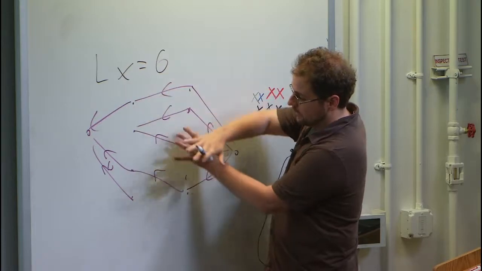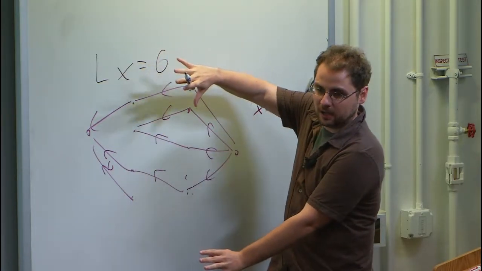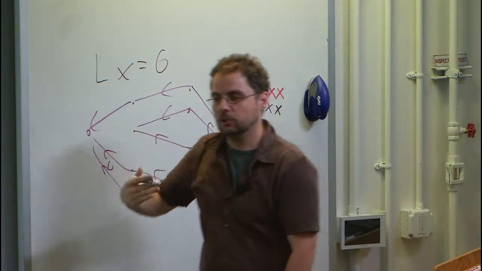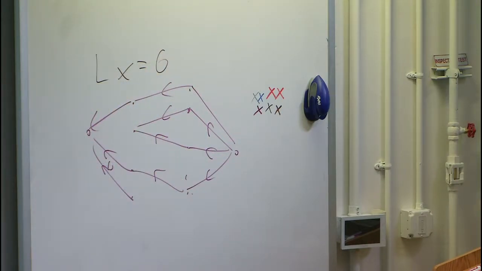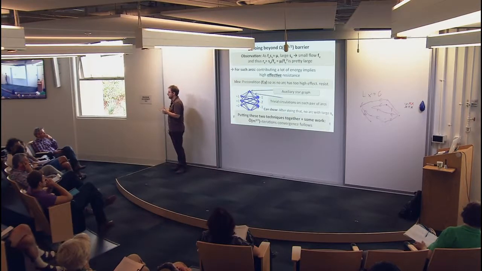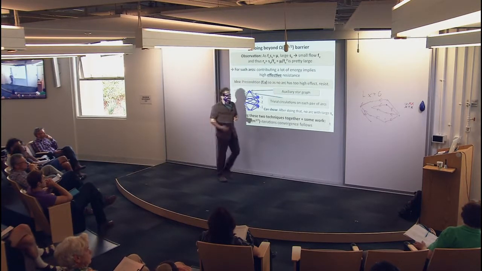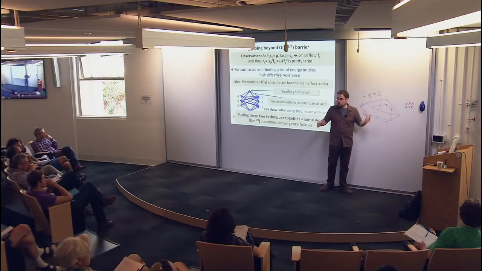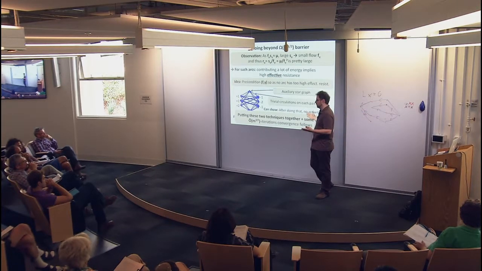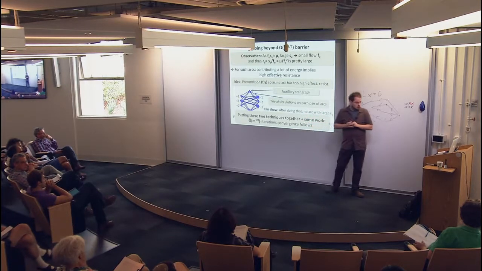What you really want is that it's spread out among many arcs, among many different paths, because that's how you make non-trivial progress in one step. Okay. So essentially, the problem is that of course the electrical flow doesn't know that, and it can just keep some arcs more desirable, and then exactly you have the stretching operation that increases the resistance to discourage the electrical flow from doing that. Okay, so that's roughly the picture here.